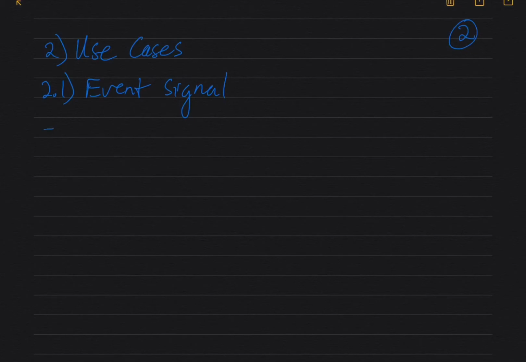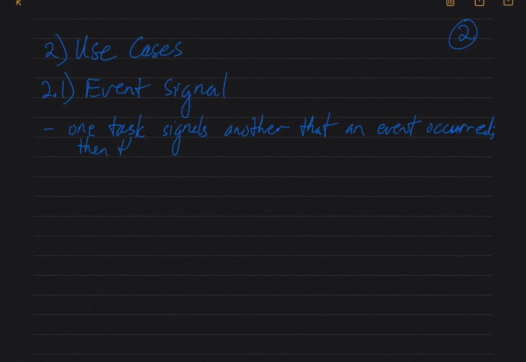The idea here is that one task signals another that an event occurred, then the other task can proceed.